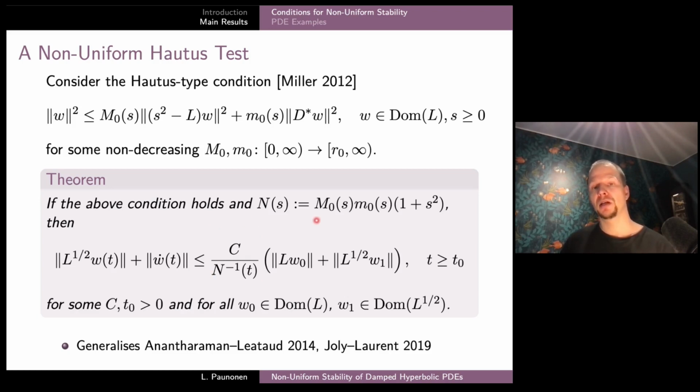And especially if N is bounded by a polynomial, then the solutions decay at a rational rate. And on the other hand, if N grows very quickly, for example at an exponential rate, correspondingly the solutions may decay at very slow rates, for example logarithmically.